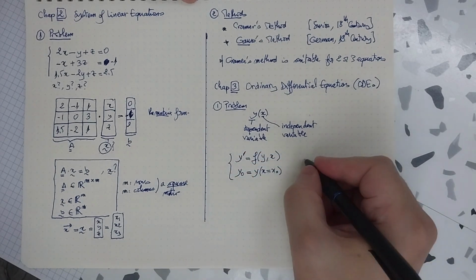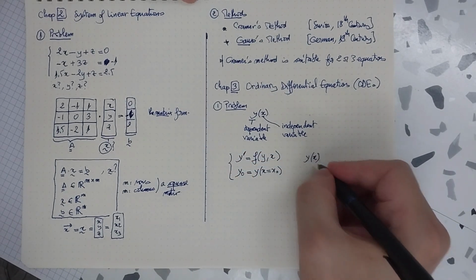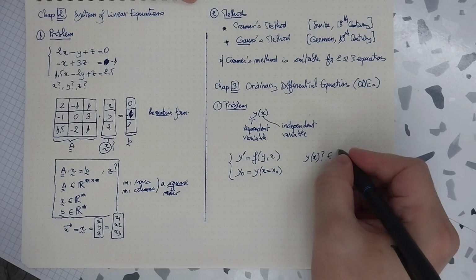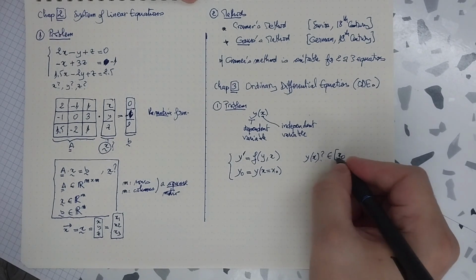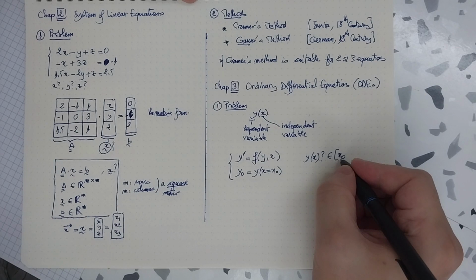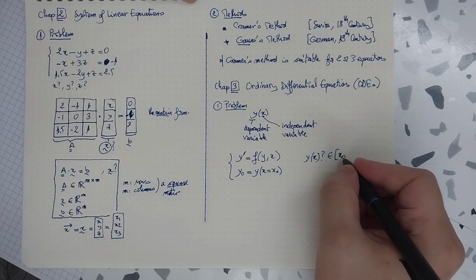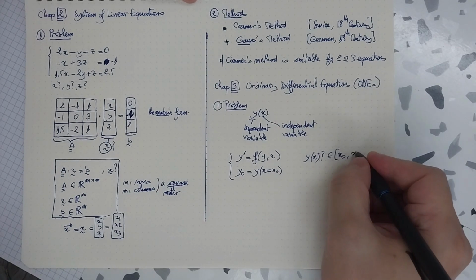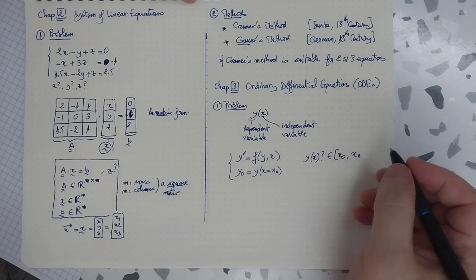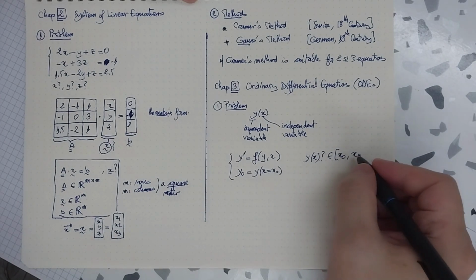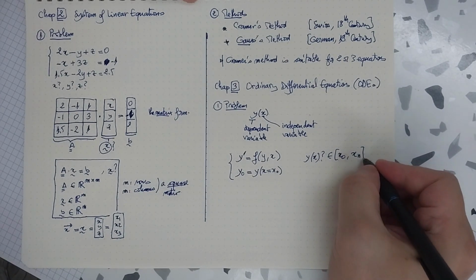And you are asked to find y(x) in the interval x0, the beginning of the interval, till xn, the end of the interval. You call it xn or L or whatever you want.